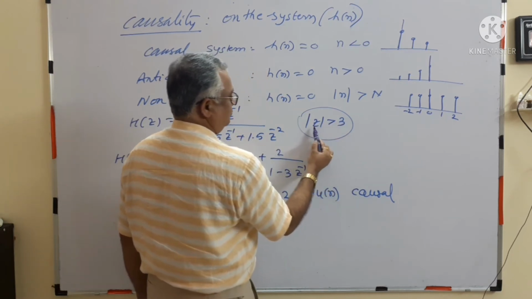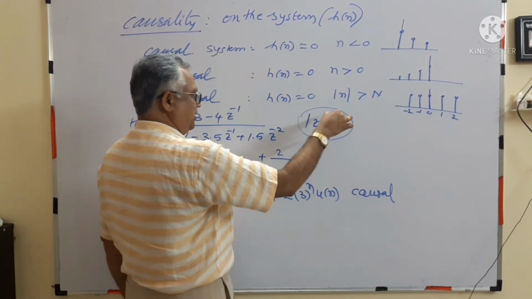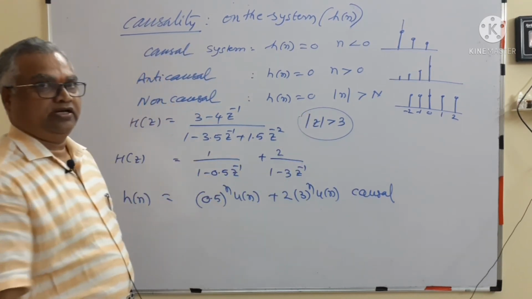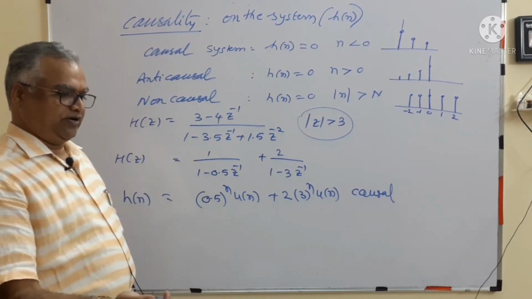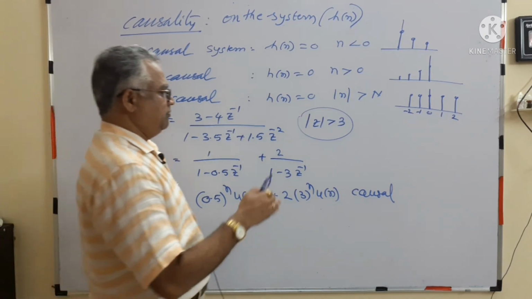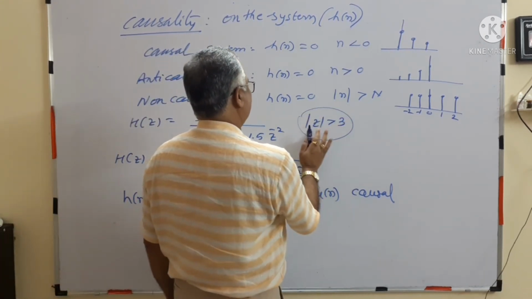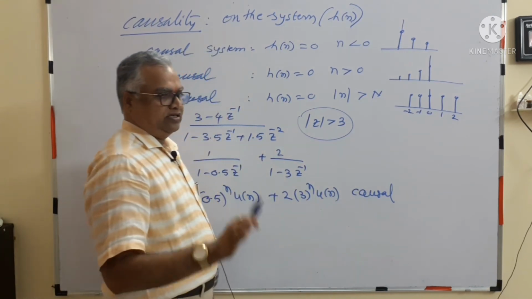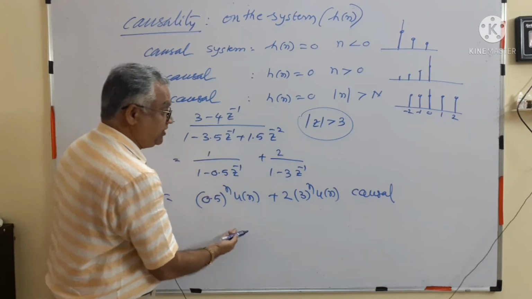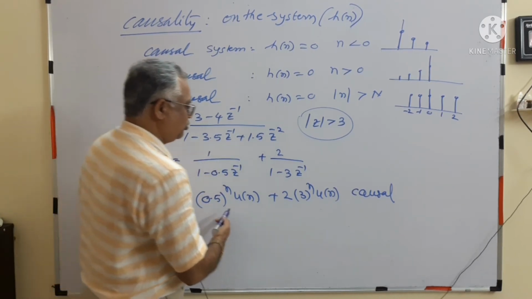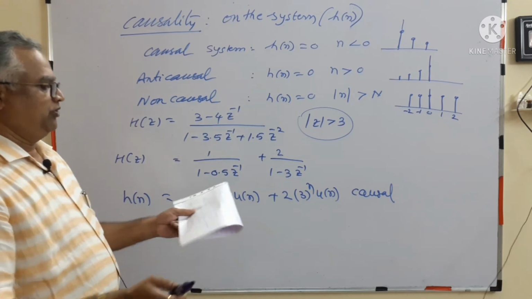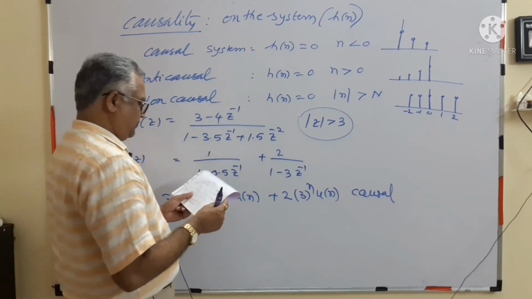Greater than some value is compulsorily causal. Less than some value is compulsorily anti-causal. Greater than some value and less than some value is non-causal. By this blind rule based on ROC we can decide causal, anti-causal, non-causal without even finding this. Finding h of n gives more authentication of why it is causal, so you can cross check both ways.